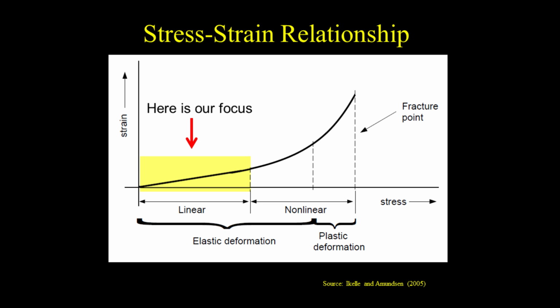Beyond this elastic limit, the medium deforms permanently, that is, plastic deformation, and ultimately fractures, that is, materials are no longer elastic. Ordinarily, the plastic deformation region is not of interest in the study of seismology. For small deformations, we will limit our discussion to linear elasticity, which is the yellow area in this figure.